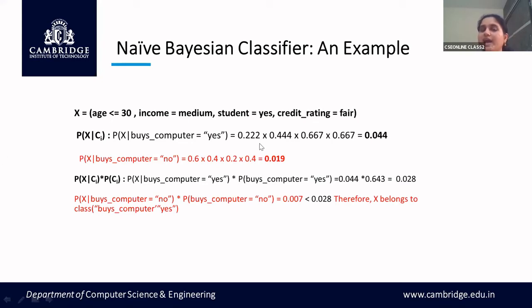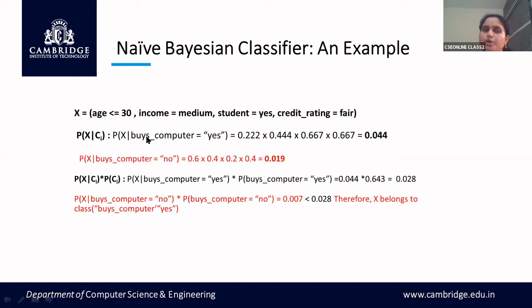Because you are calculating it from your training set. You know its class label, and because you know its class label, it is called prior probability. All these are derived from your training set. So this is P of X given Ci where the class label is yes.